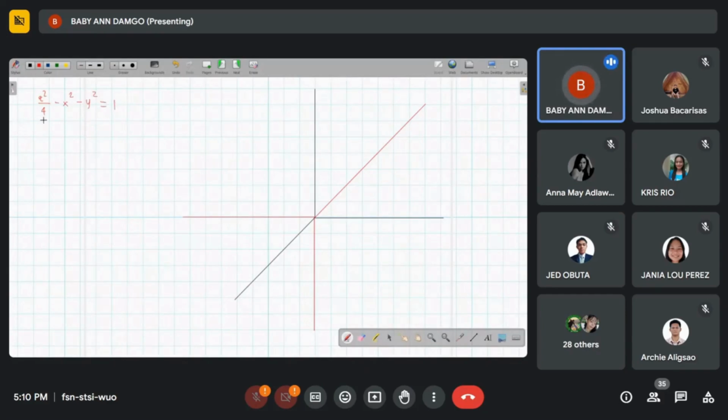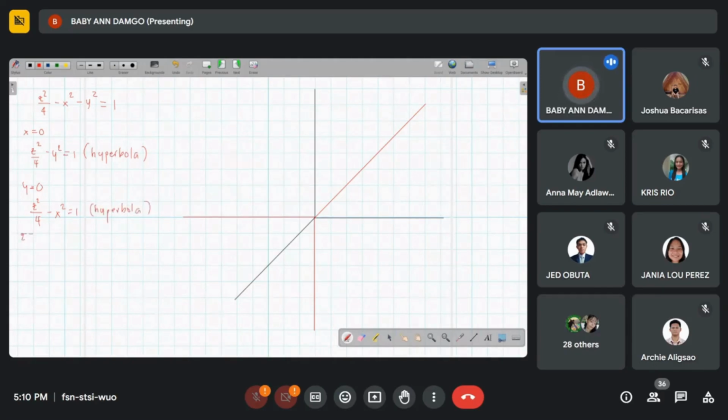Okay, so let's have the traces. When x is equal to 0, we have z squared over 4 minus y squared is equal to 1. So, this is a hyperbola. Next, when y is 0, so we have z squared over 4 minus x squared equals 1.